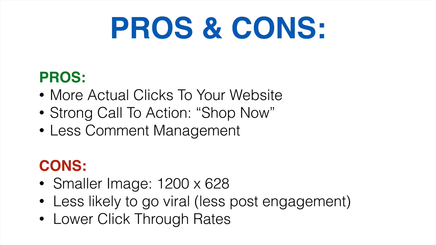A page post ad does exactly what it says. When you click it, it takes you to the page post. It makes the image of the post bigger. All right, so you're going to get more actual clicks to your website when you're using link ads. Now, this is really, really good. It's a huge benefit because the more traffic you get to your website, the bigger your custom retargeting audiences become.